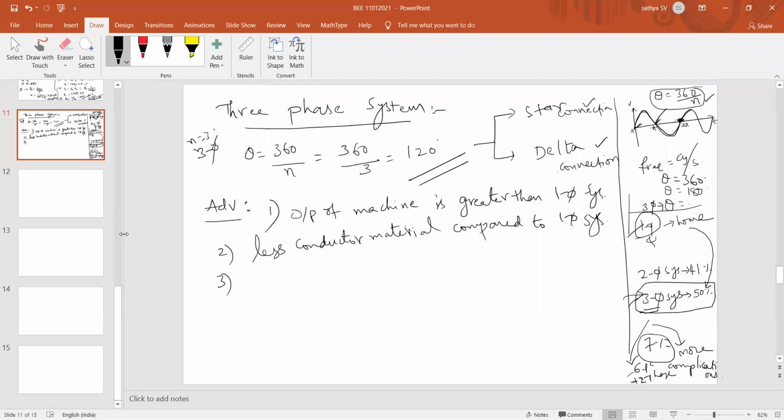And these are very, very important for your short answer questions. They can ask what advantages are present over single phase system, or why we are shifting from single phase to three phase, or what is the need of three phase system, or differentiate between single phase and three phase.